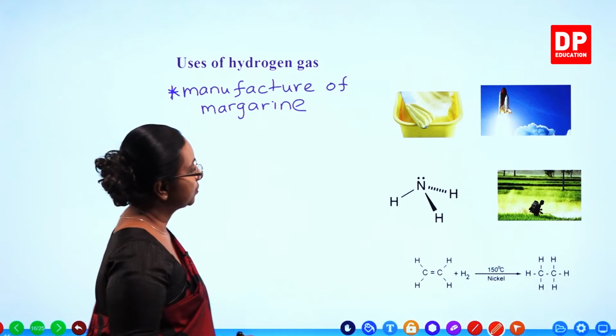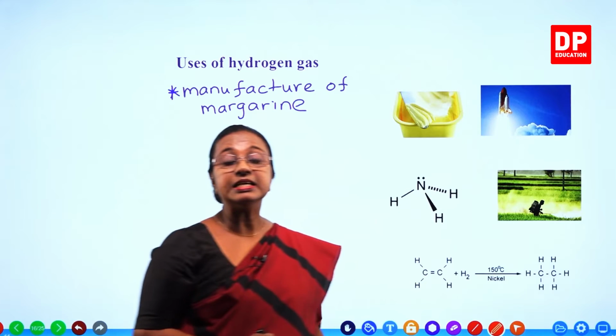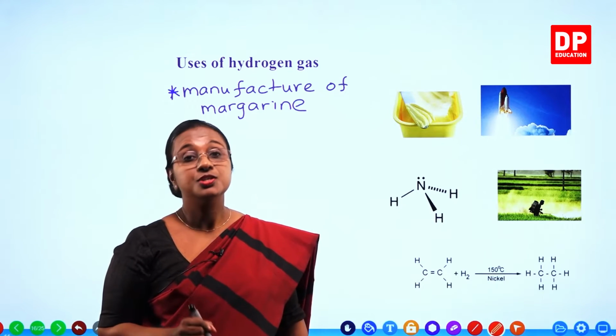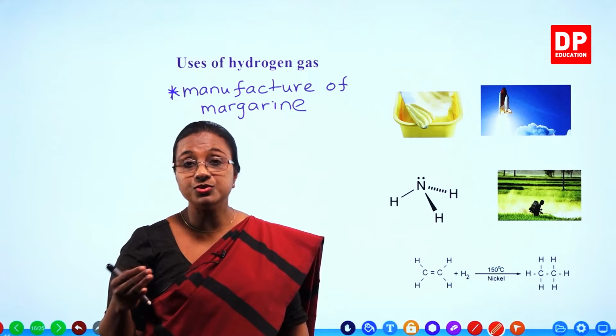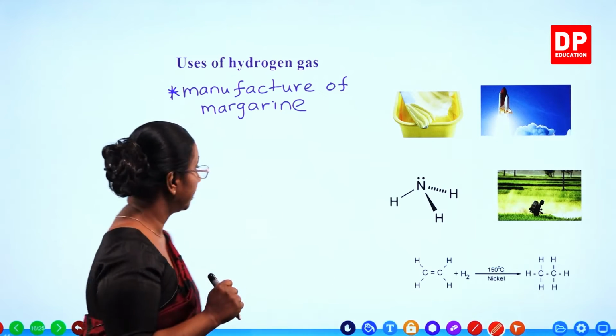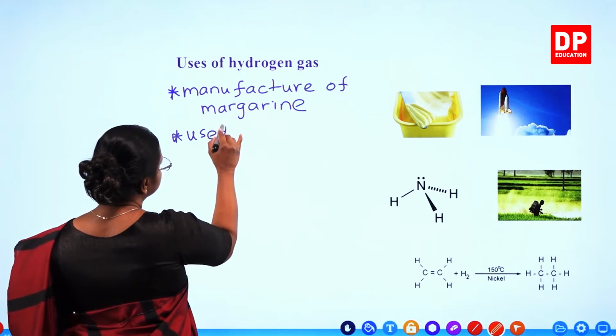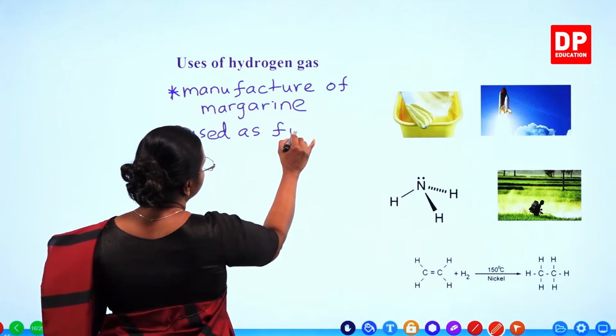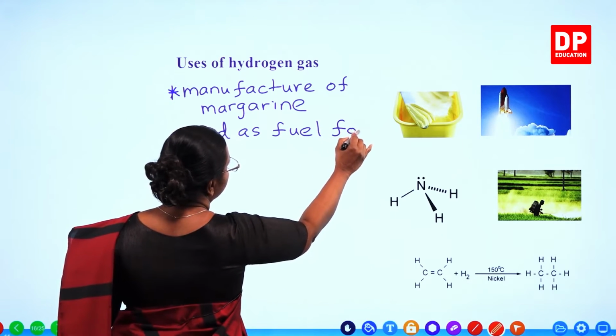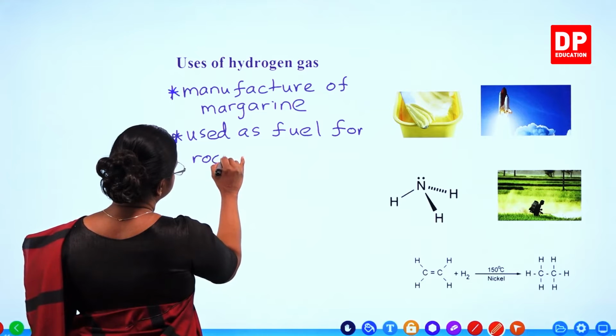So that is the first one. Then we know it is a combustible gas. So because of that, it can be used as a fuel for rockets. So the second one is used as fuel for rockets.